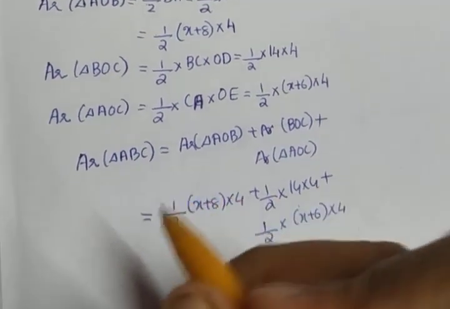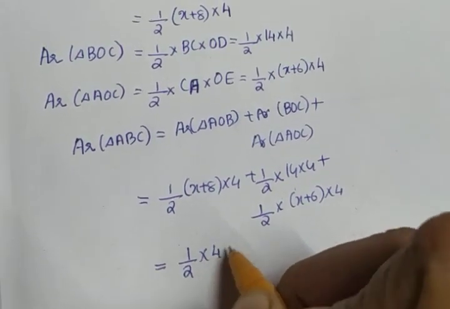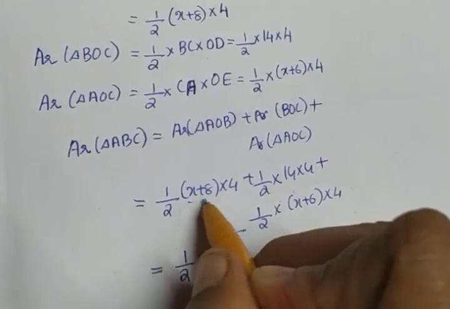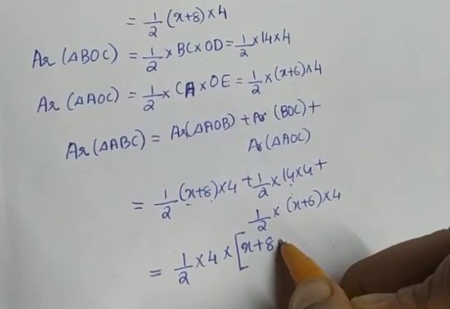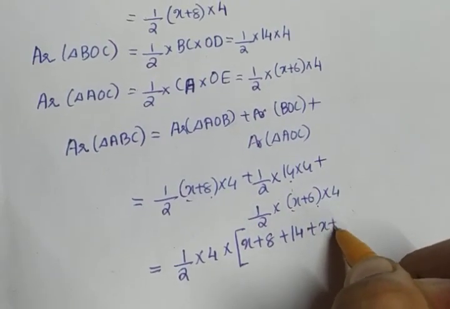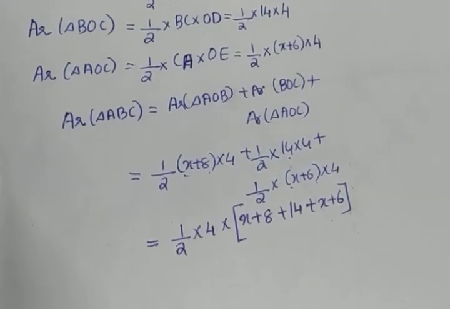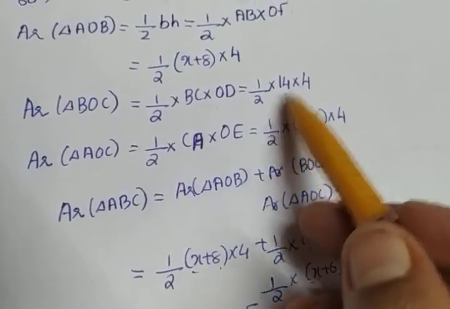Can you identify anything common in the three terms? Half is common, 4 is common, isn't it? The balance in the first term is x plus 8, in the second term is 14, and in the third term is x plus 6. That is the reason why I didn't cancel the elements here, for taking this common term.